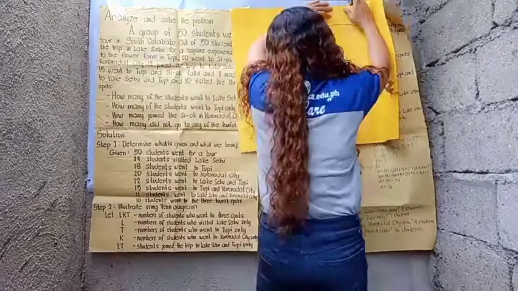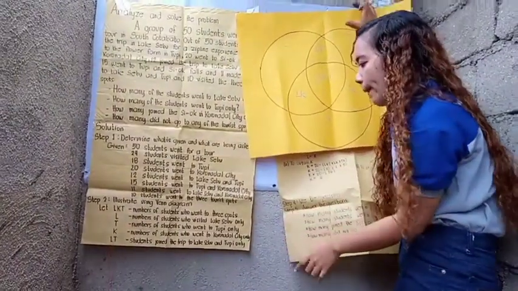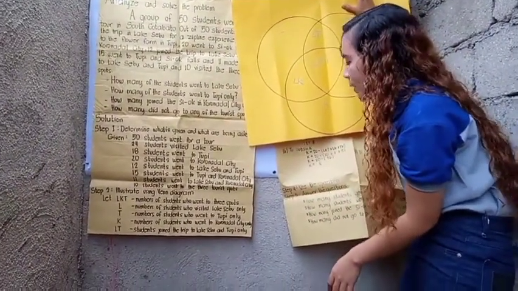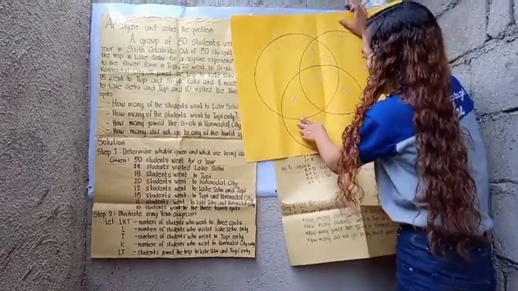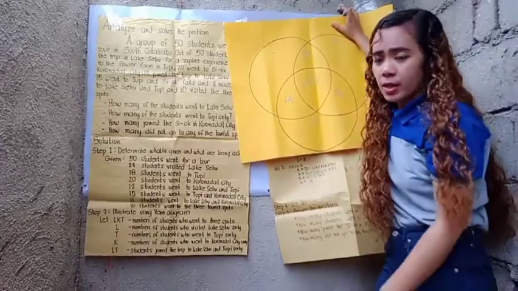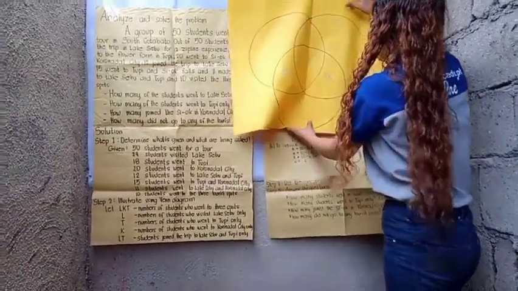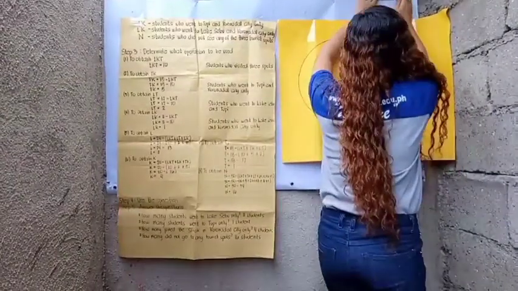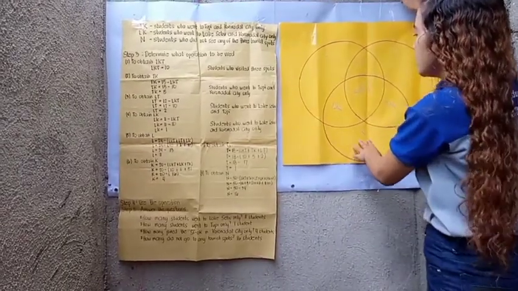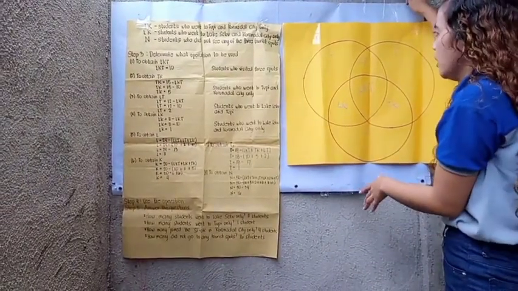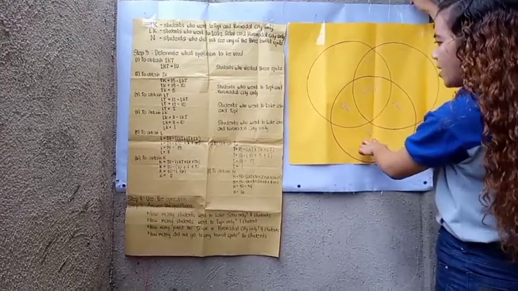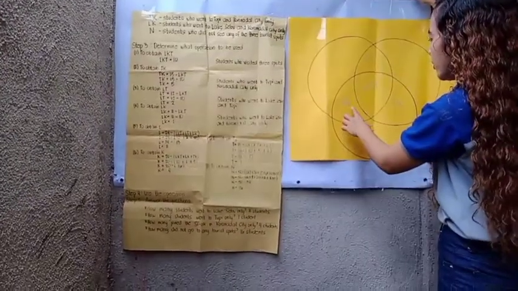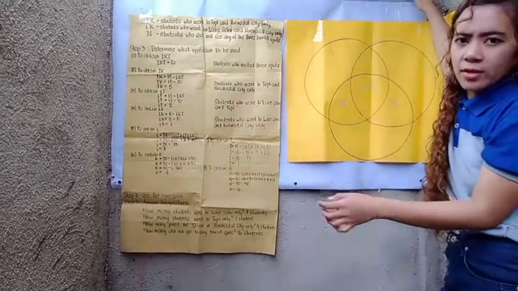Okay. As you can see, we have put the variables here into their corresponding intersections. So here, as you can see, there are the variables L, T, K, and then we have put combined the variables into the areas where they had intersected.